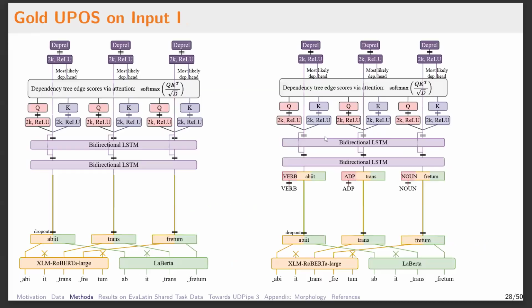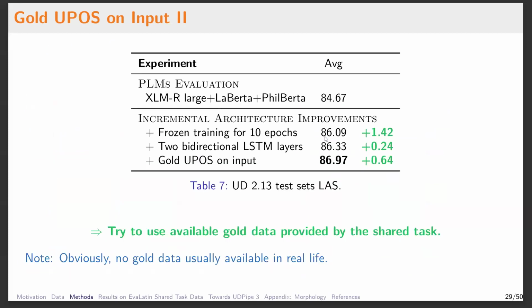So the next step is, this particular shared task, which was in dependency parsing, provided us with gold part of speech tags. And if you have some gold data that are allowed to be used, why not append them to the contextualized embeddings that you already have? That's for free. If it's allowed, that's good. So we did it, and no surprise here.